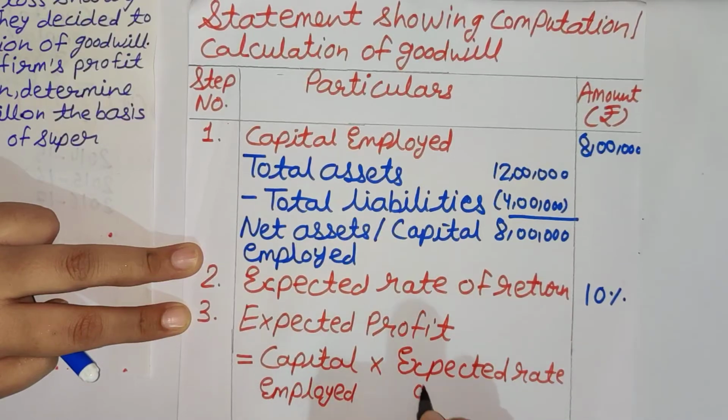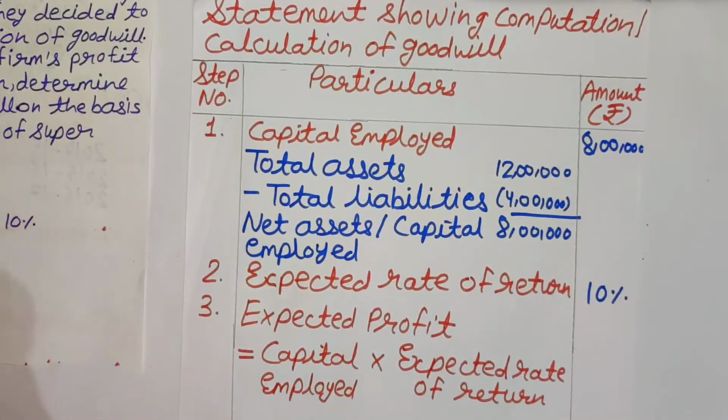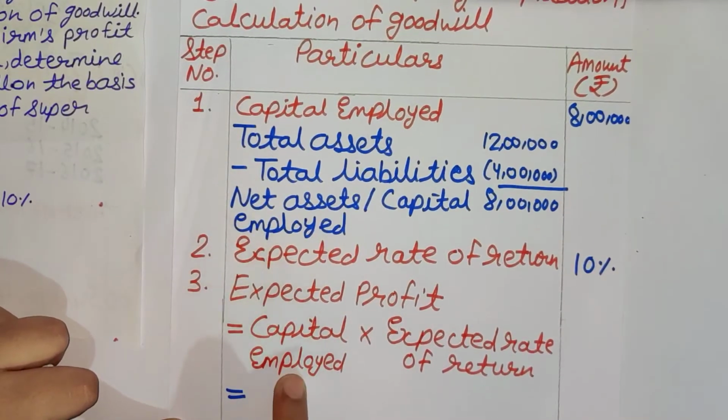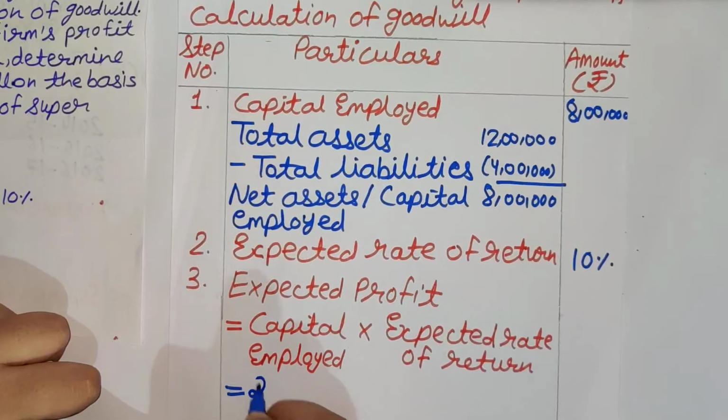This is our formula. What is the formula to find out the expected profit? Capital employed multiplied with the expected rate of return. So in the first step we have already found the capital employed. What is the amount of the capital employed? Rupees 8 lakh.